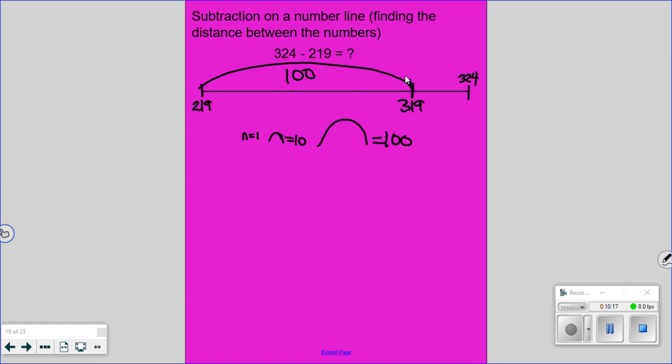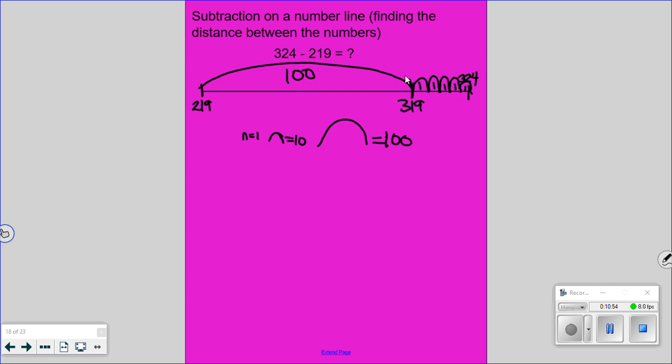That means we gotta do some 1 hops. If I do a 1 hop from 319, I get to 320, 321, 322, 323, 324. All of those were worth 1. What was the distance between those numbers? This is where you add up those hops and figure out how many numbers were in between 324 and 219.